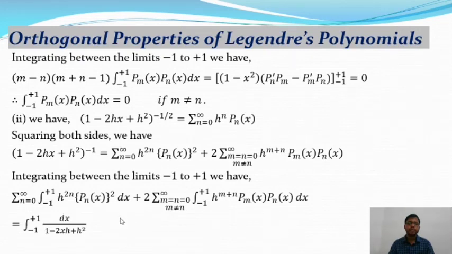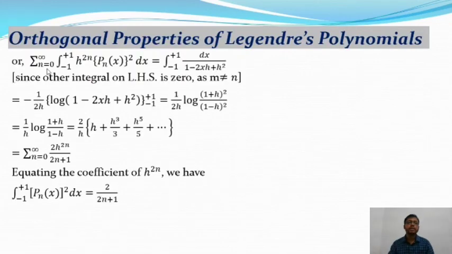So from this we will get the summation over n = 0 to infinity of the integral from -1 to +1 of h^(2n) (Pn(x))² dx, and this equals the integral from -1 to +1 of dx by (1 - 2xh + h²). The second integration of the left hand side is 0 as m is not equal to n. Now we integrate the right hand side of the above equation.